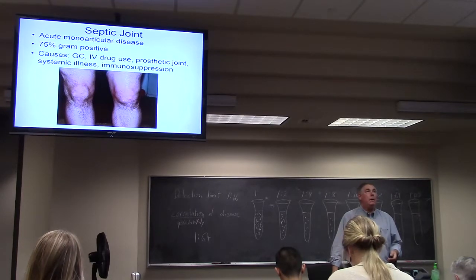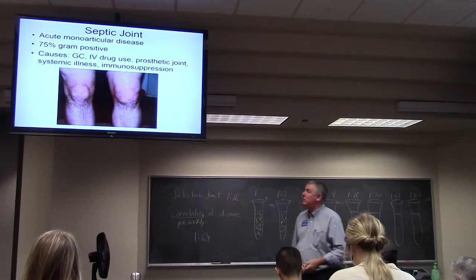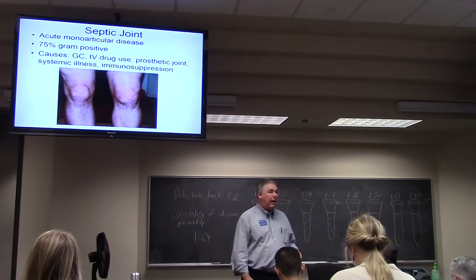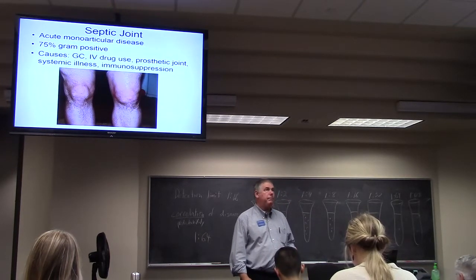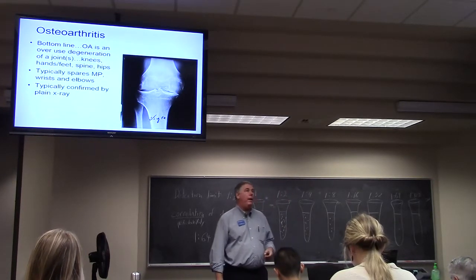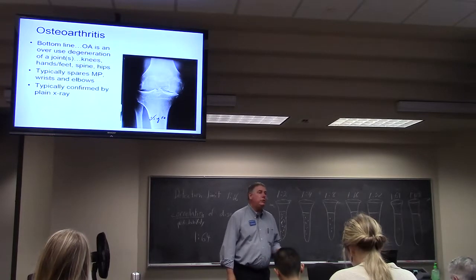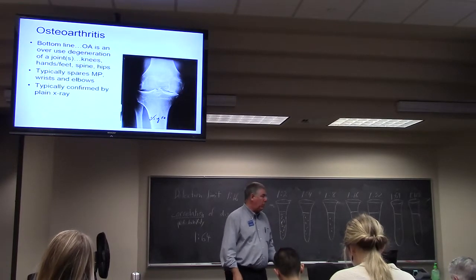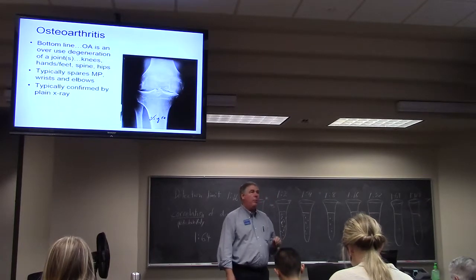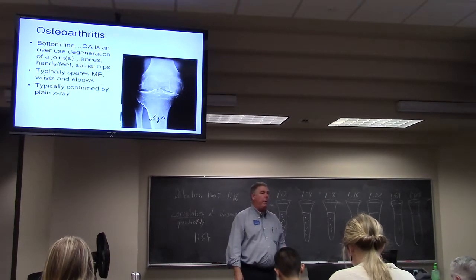You need to know your gram-positive bugs. GC is gram-positive: staph, strep, those things. Now, osteoarthritis. We've had a lot of talk about OA. Where you see OA is primarily in weight-bearing joints, and primarily in large weight-bearing joints.